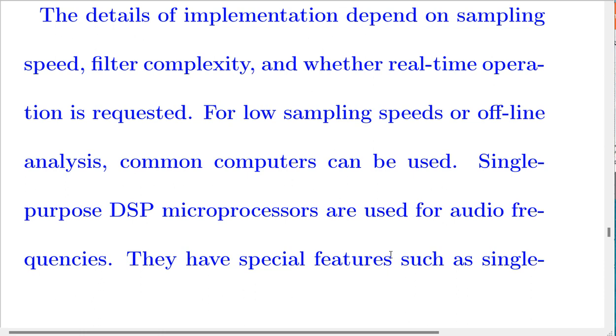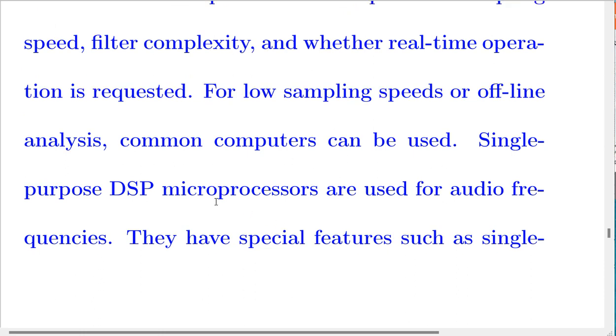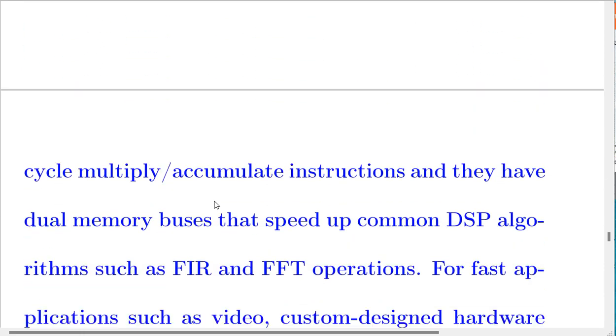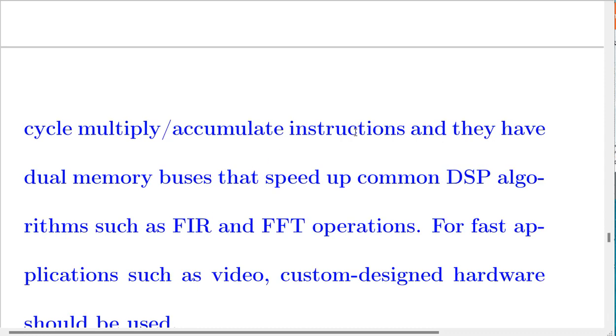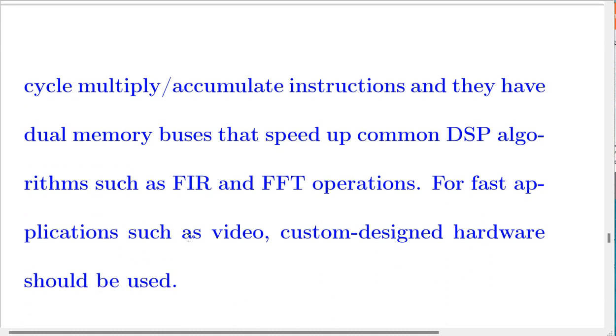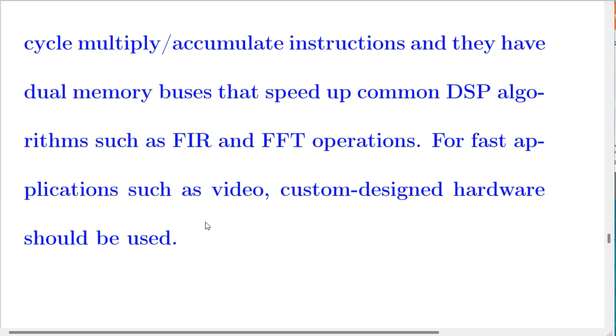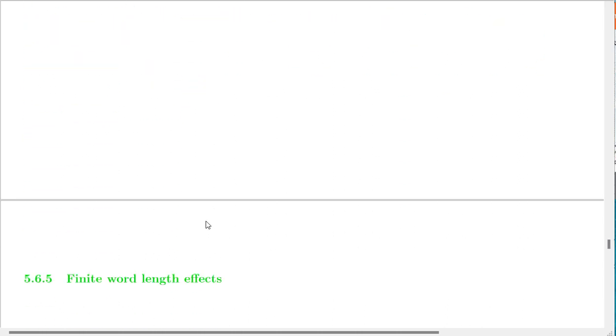They have special features such as single cycle multiply-accumulate instructions, and they have dual memory buses that speed up common DSP algorithms such as FIR and FFT operations. For fast applications such as video, custom designed hardware should be used. It means more money, expensive designs. Okay.